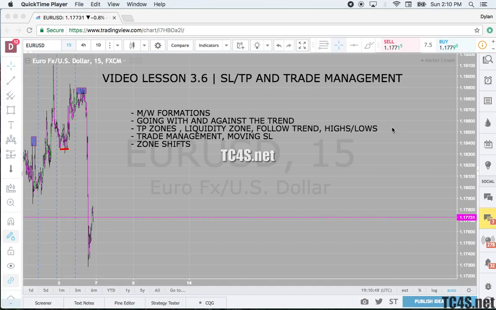So, trade management, moving stop loss, basically moving stop loss to break even, when to do so, and how you know you're safe to do so. Setting yourself up to get the best trade and have the best possible stop loss range or smallest stop loss.